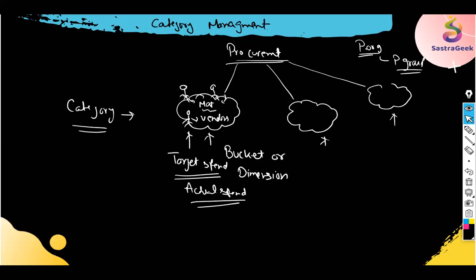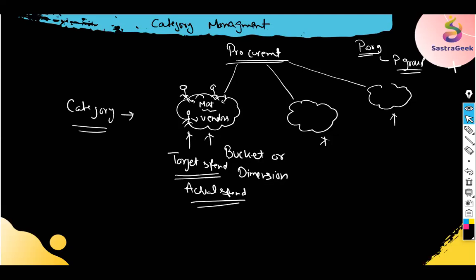This dimension is not part of your enterprise structure. Purchase organization and purchase group are part of the enterprise structure. This dimension combines some of the factors, some of the org elements, and is created on top of that.